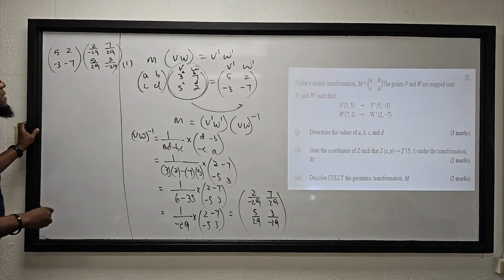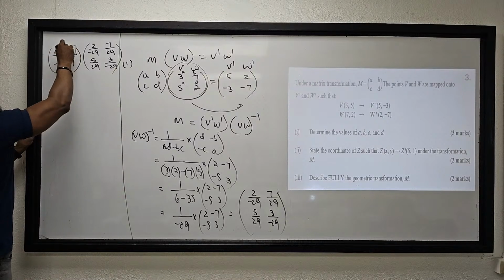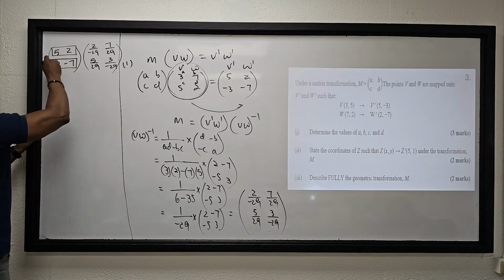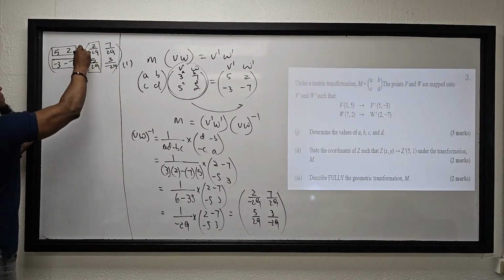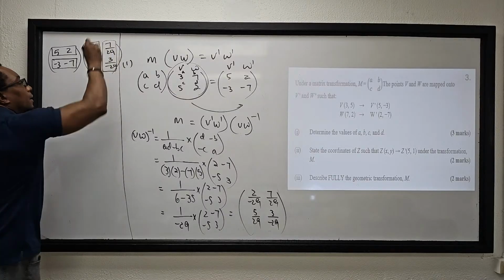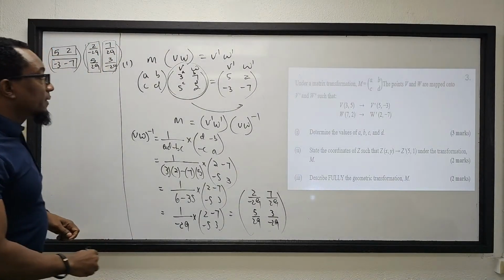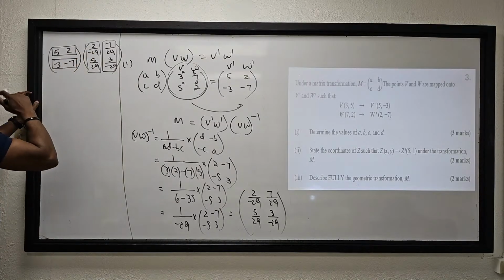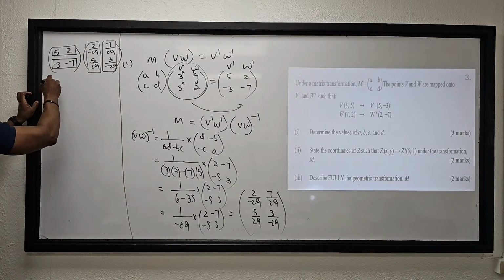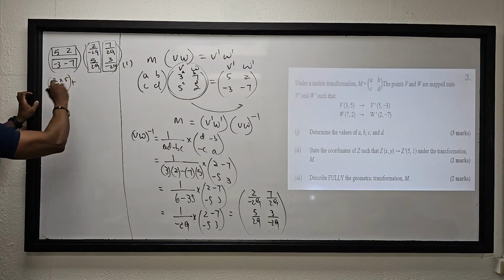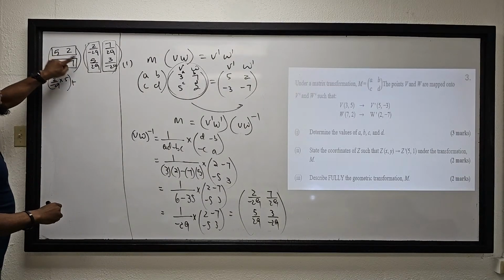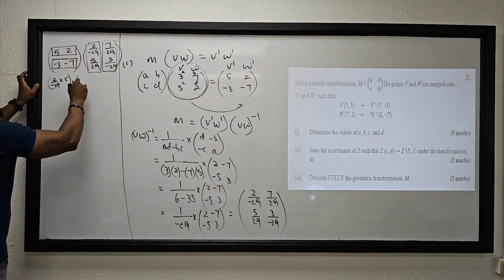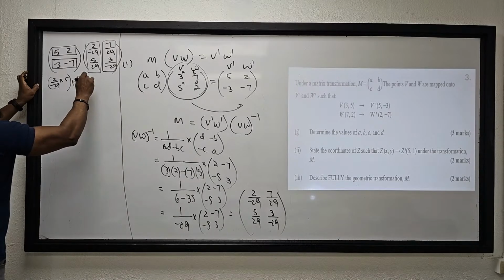So let's multiply this. I'm taking the rows of the first by the columns of the second, and let's see what we're going to get. This will be 5 by 2 all over negative 29, plus 2 by 5 all over 29.